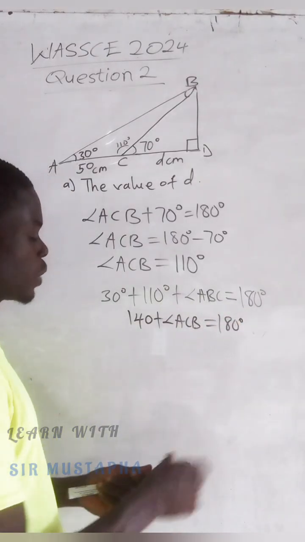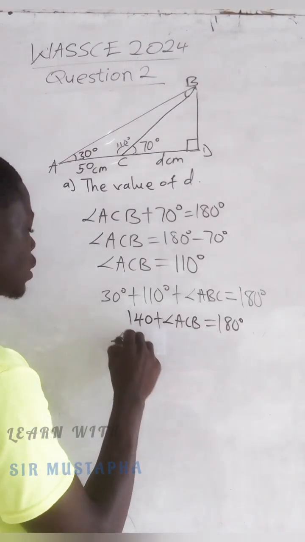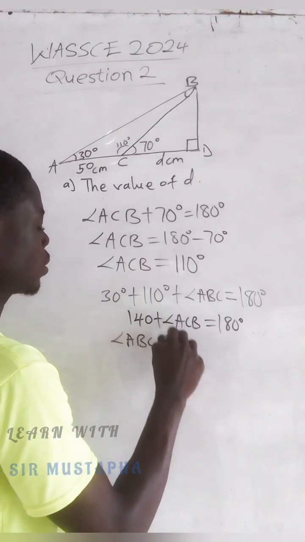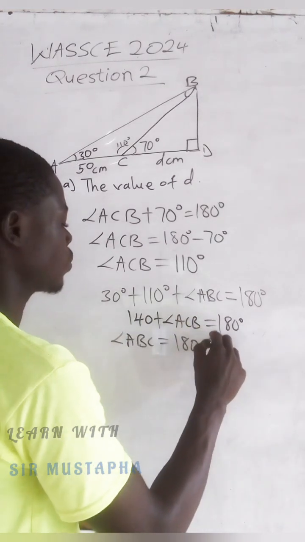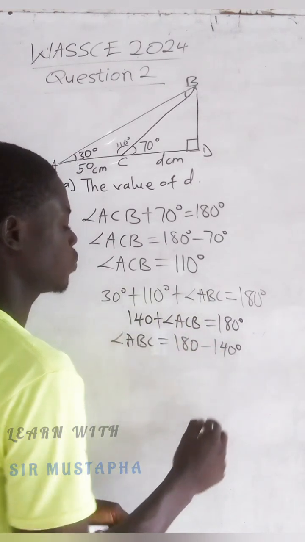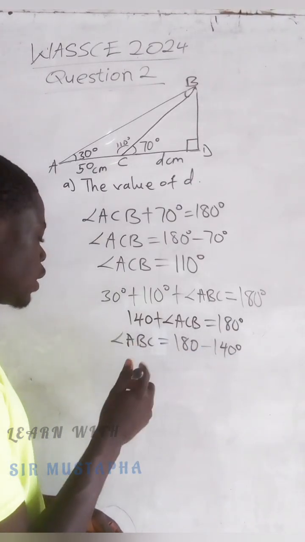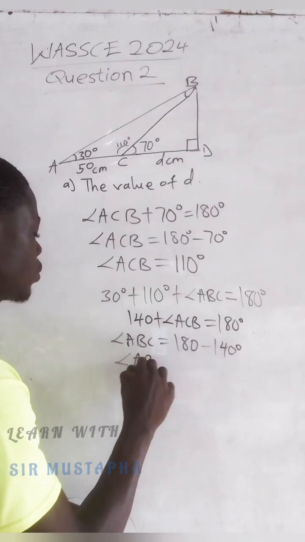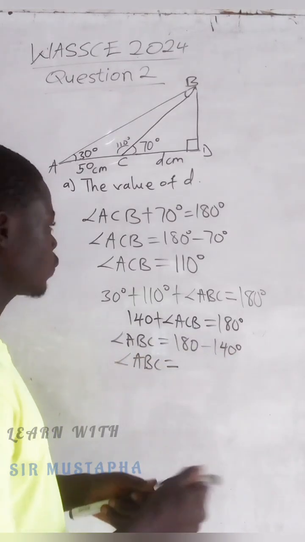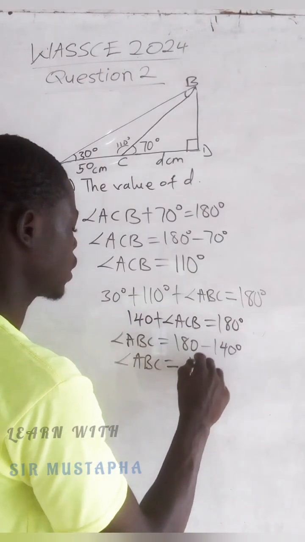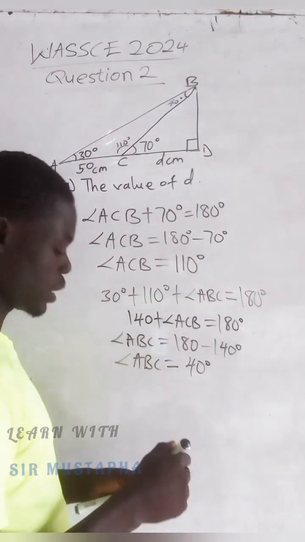So group like terms, let the 140 go to where the 180 is. Crossing the equal sign will make it negative. If you subtract 140 from 180, you get 40 degrees. So angle ABC is 40 degrees.